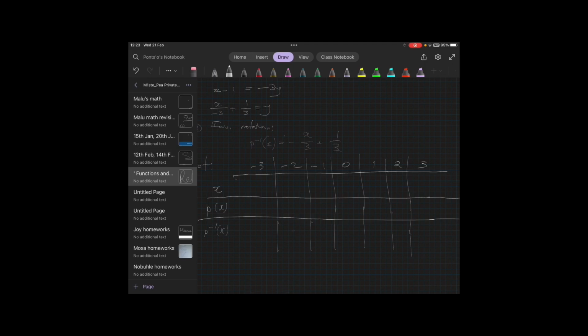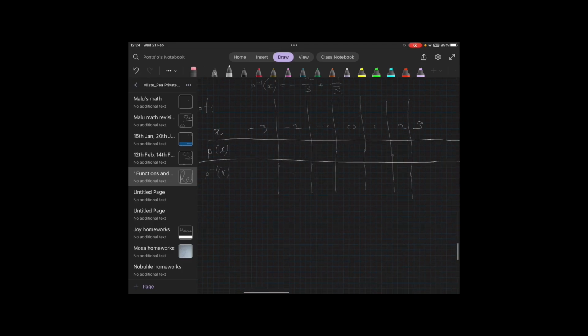Okay, so for our original function, I noticed I wrote x somewhere I shouldn't have.